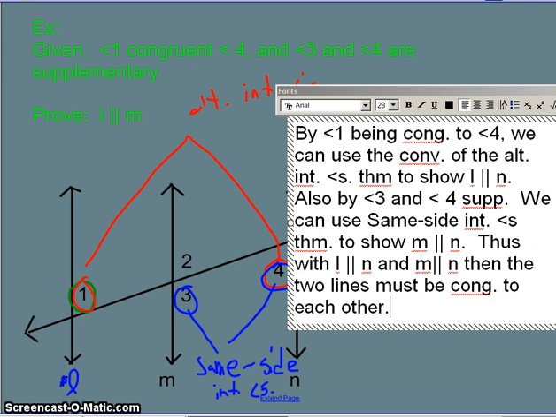And that would be kind of a paragraph proof style format for that one.